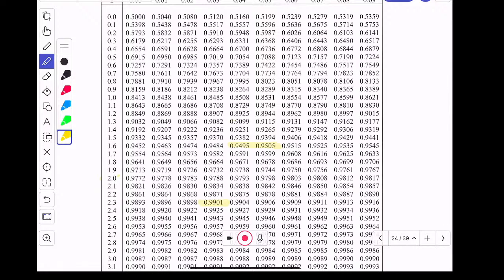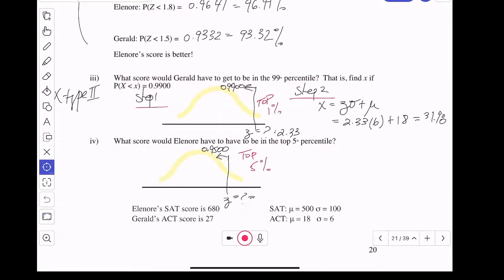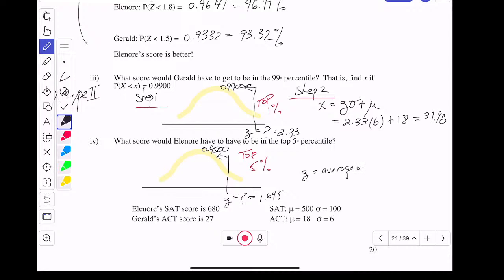Right. If we use this like we learned before, it's perfectly in the middle of these, so it's 1.645. 1.645. Oh, I can't put it there because I need to write there.